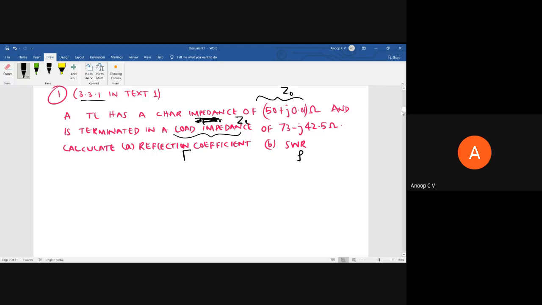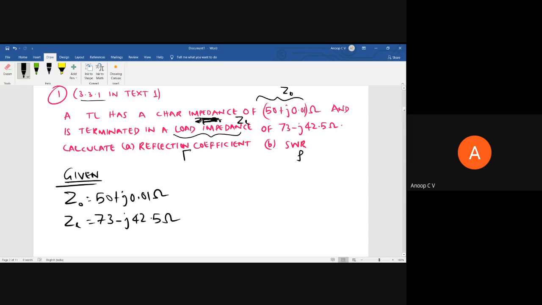How to solve this problem? I'll give you the equations. What is given: Z0 is equal to 50 plus j 0.01 ohm, and ZL is equal to 73 minus j 42.5 ohm.